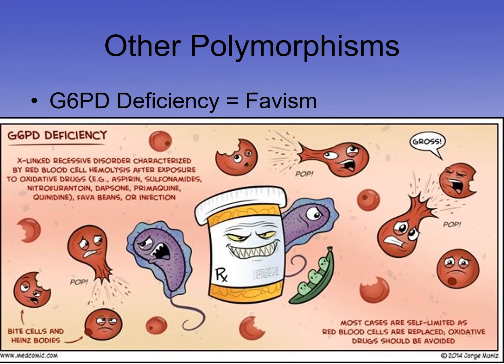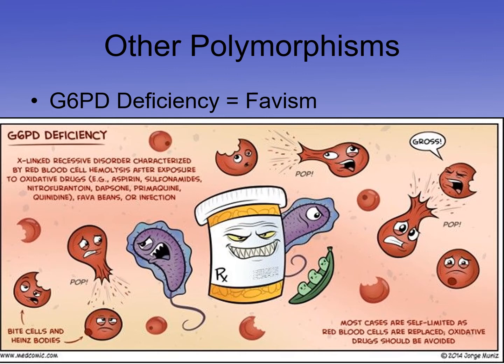There are other polymorphisms at chromosome 11. We have G6PD deficiency, otherwise known as favism. It's an X-linked recessive disorder characterized by red blood cell hemolysis after exposure to oxidative drugs, things like aspirin, sulfonamides, dapsone, and a few others.